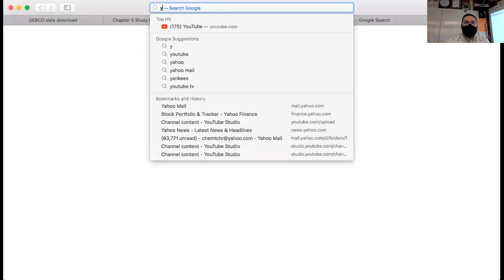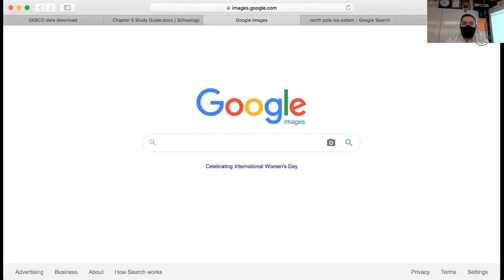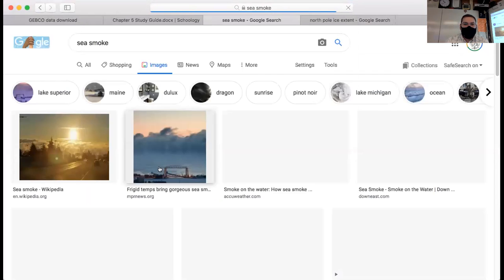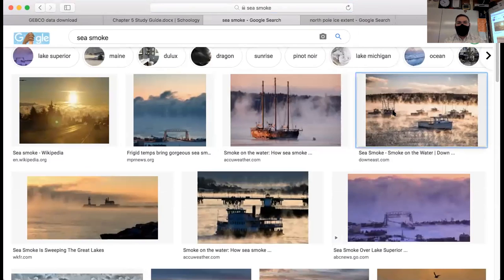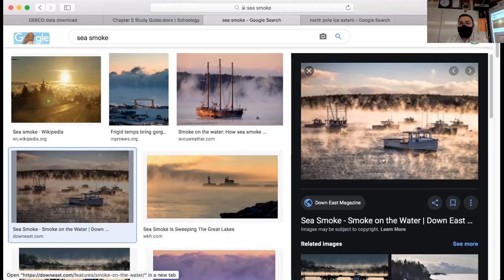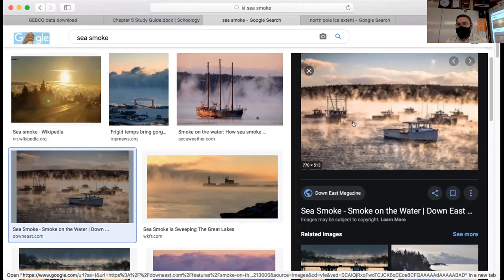So there's a really cool phenomenon that is called sea smoke. You may have seen pictures like this. It's another kind of peculiar thing. Sea smoke is not really smoke. It's not as if something's on fire, but you have very warm water with incredibly cold air above it.